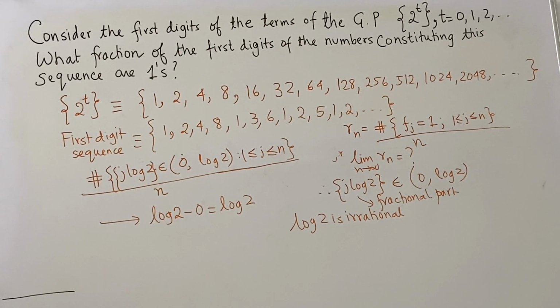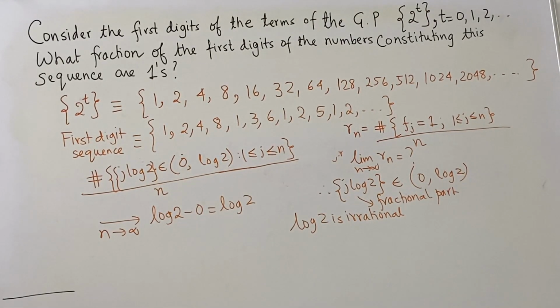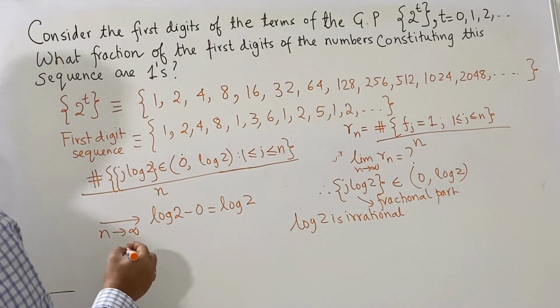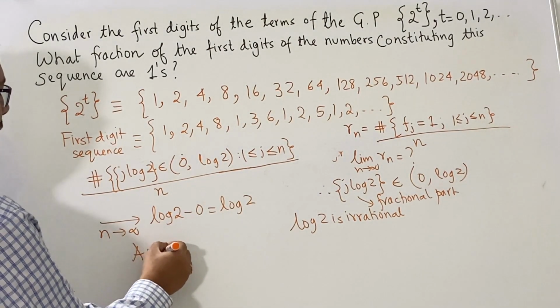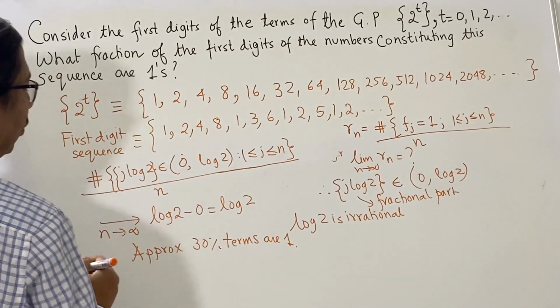So the fraction of terms of the GP 2 power t which have first digit 1 converges to log 2 as n goes to infinity. Since log 2 is approximately 0.3010, approximately 30% of the terms in the first digit sequence are 1.